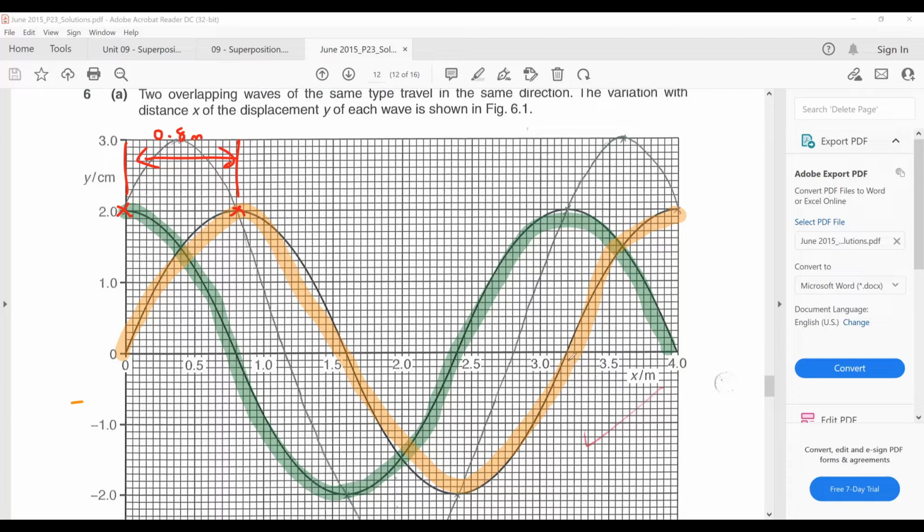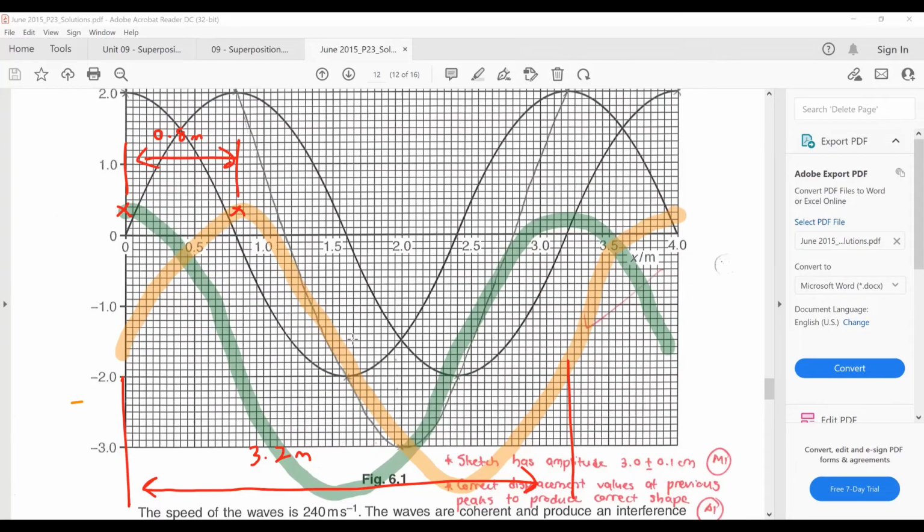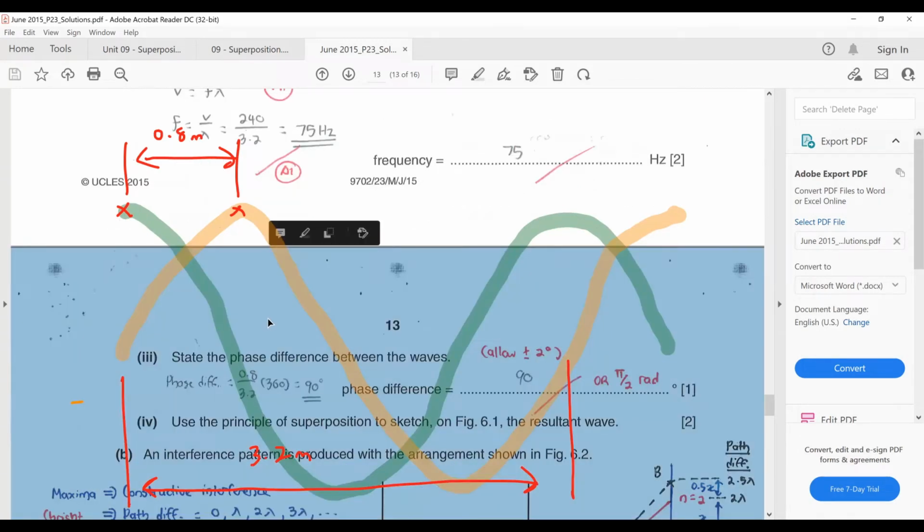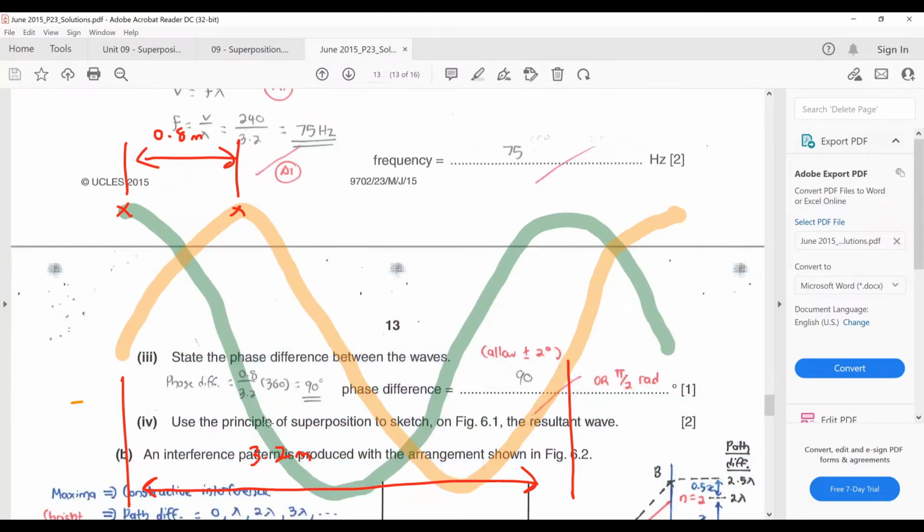This one here is one cycle, which is 3.2 meter. Okay. So now you can find out your phase difference. Your phase difference is going to be 0.8 divided by 3.2, giving you the fraction of the cycle, but you need to multiply with 360 to get it in angles, in degrees, because you see the answer here is in degrees.